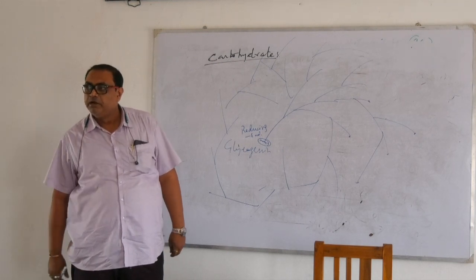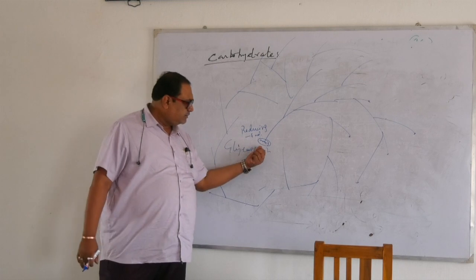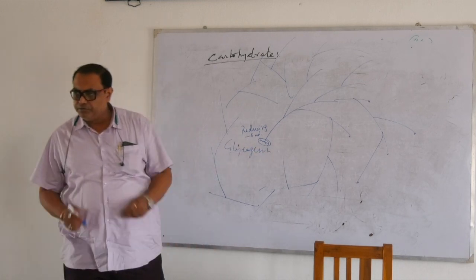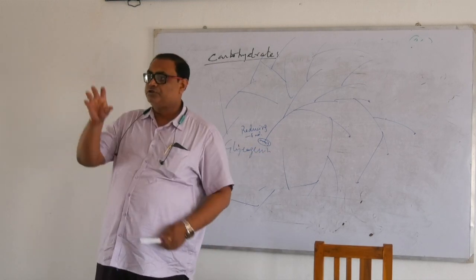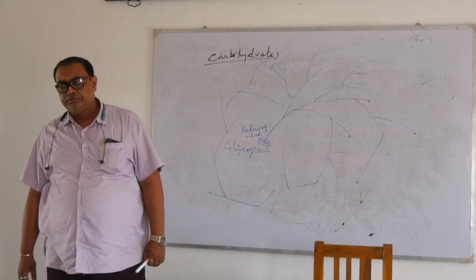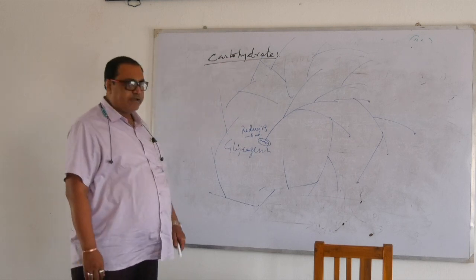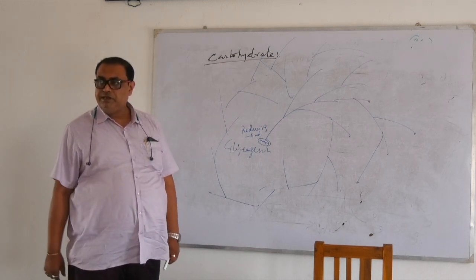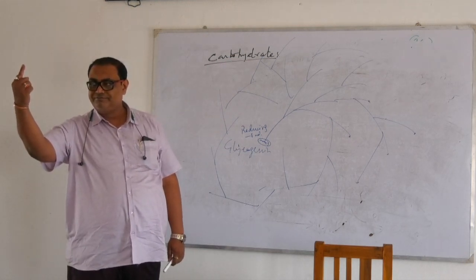Number two, each reducing end contributes a considerable amount of osmolarity to the tissue. This whole molecule has osmolarity equivalent to one molecule of glucose.